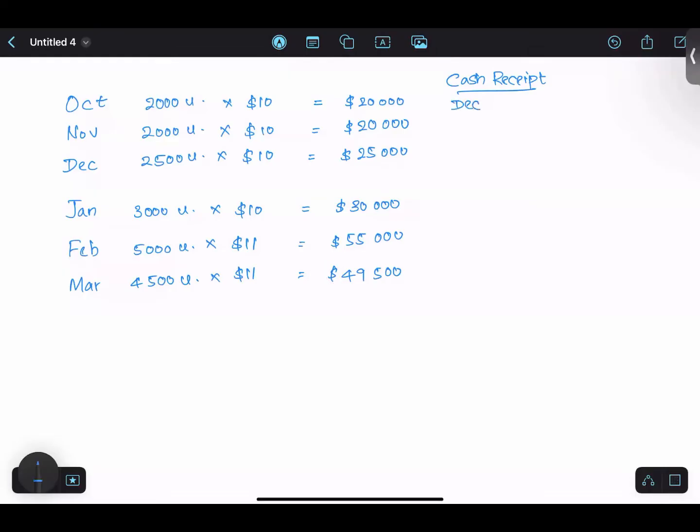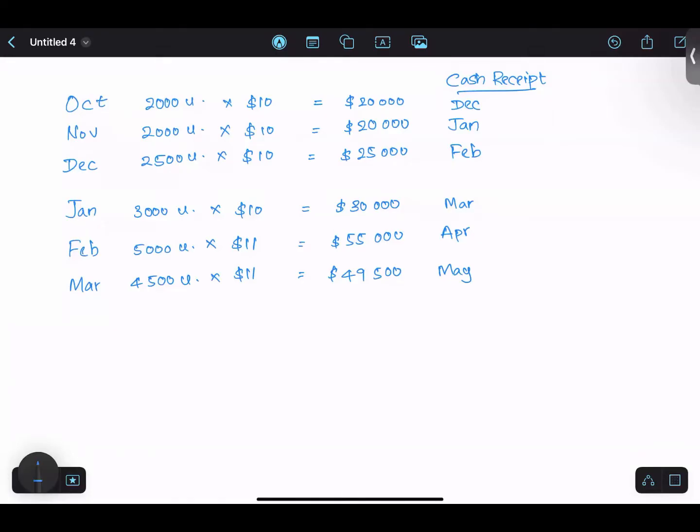For November sales, we will receive the cash in January. For December sales, in February. For January sales, in March. For February sales, in April. For March sales, in May. So this is the normal sales.